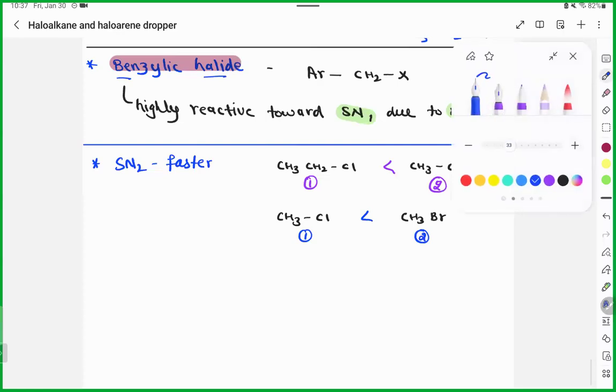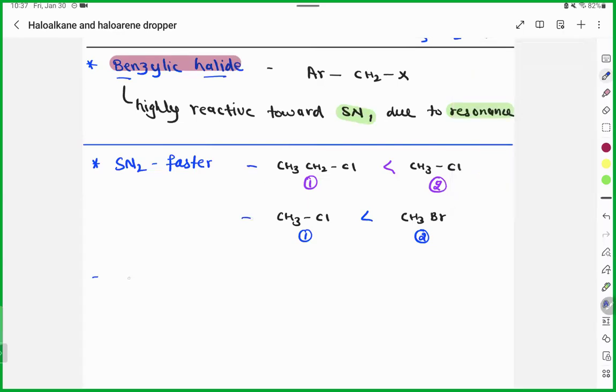If you take one more example, Ryan, you have Ar-CH2-Br, Ar-CH-Br, Ar-CH-CH3-Br, and last Ar-CH3-Br.